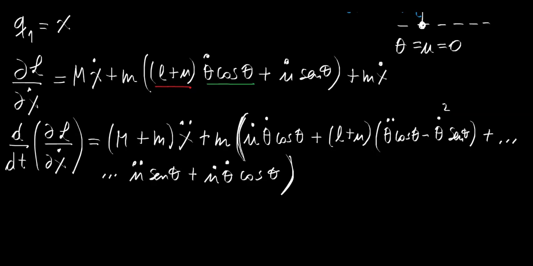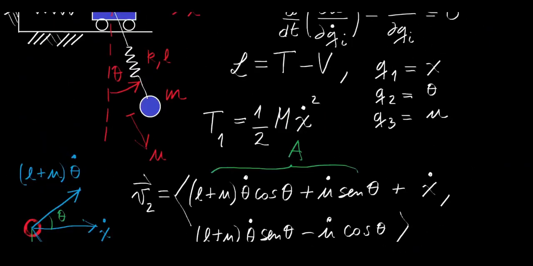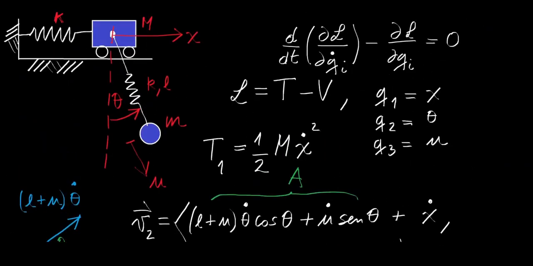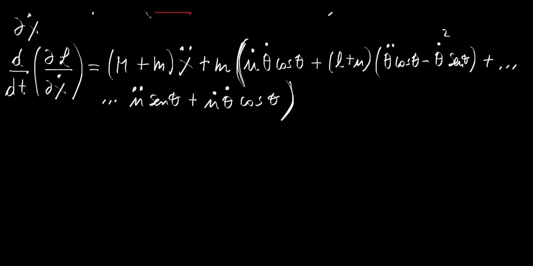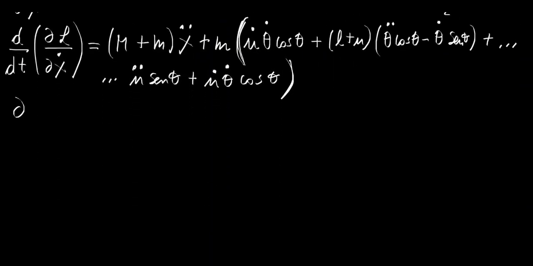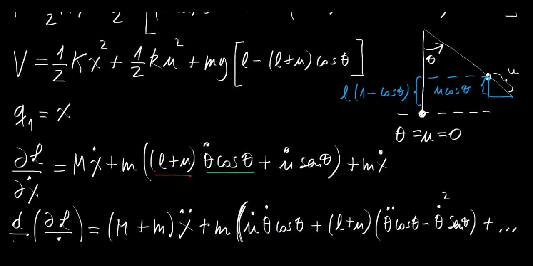Perfect. What we need to do now, I will go back to the Lagrangian equations. We need to now calculate the partial derivative of the Lagrangian with respect to x. We need to find this value. And again, let's look closely at the expression of kinetic energy and potential energy.